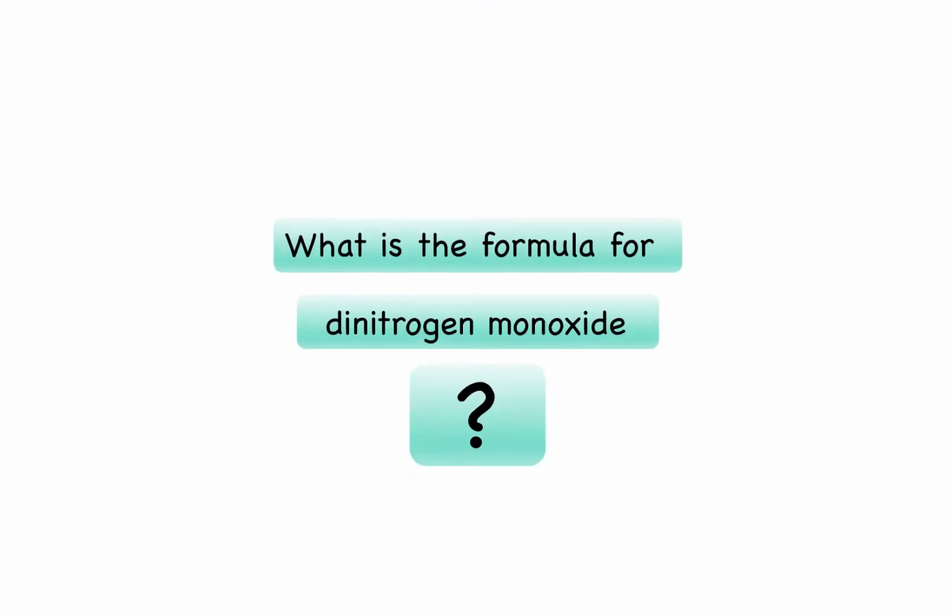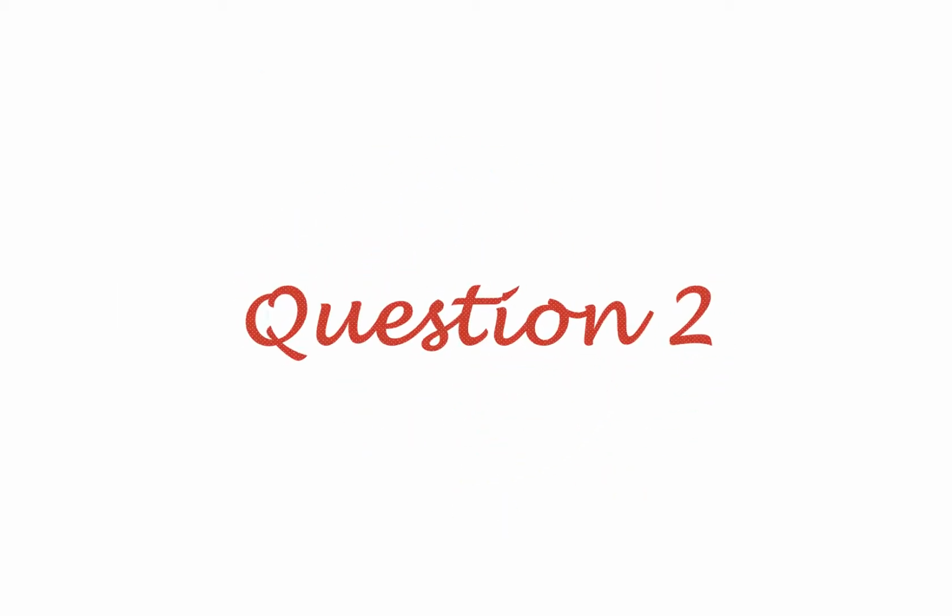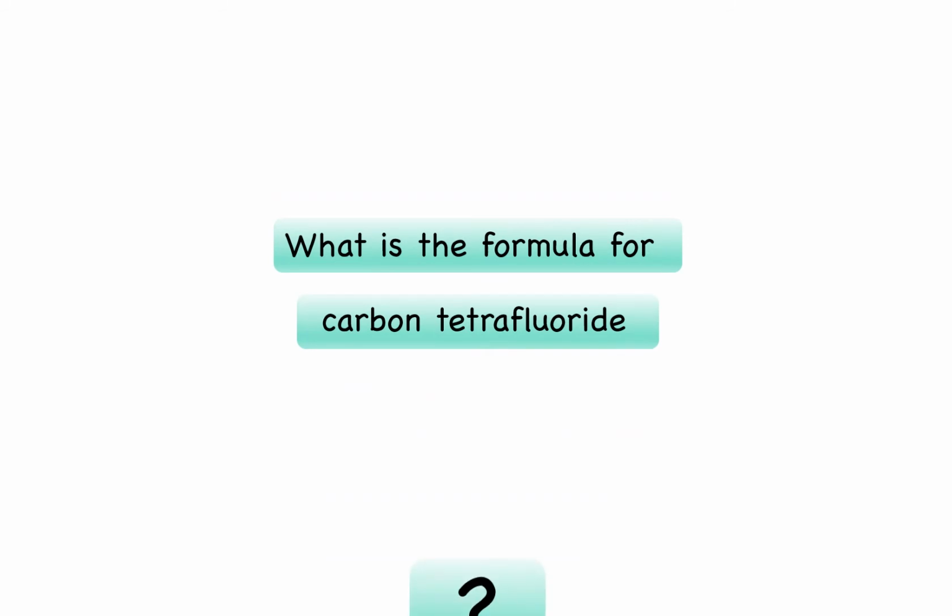Question 1. What is the formula for dinitrogen monoxide? Answer: N2O. Question 2. What is the formula for carbon tetrafluoride?